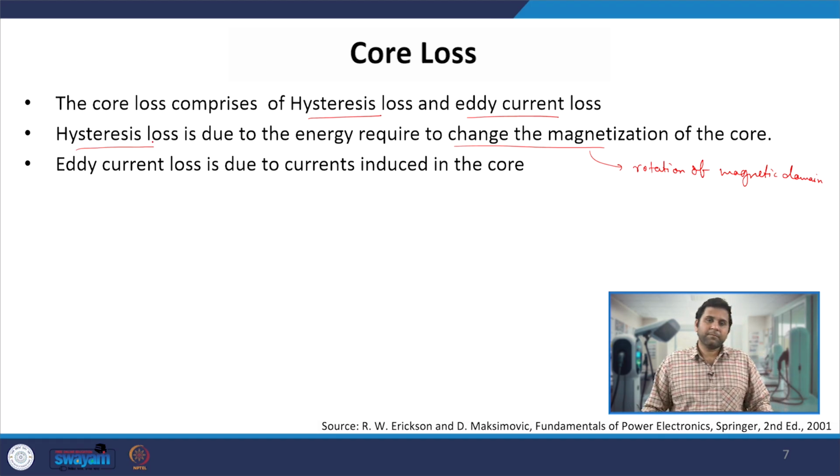hysteresis loss. Now another kind of loss in the core is due to the current which gets induced in the core material. Generally the core materials are conductive in nature.